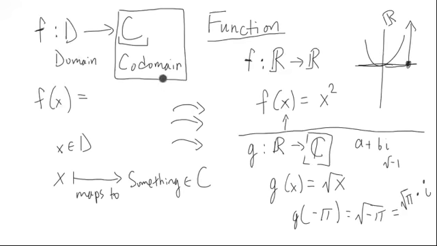Another quick example. What if we had a function, and let's suppose that we take its domain as Z cross Z. Now, what does this mean? This means taking ordered pairs where each is an integer.